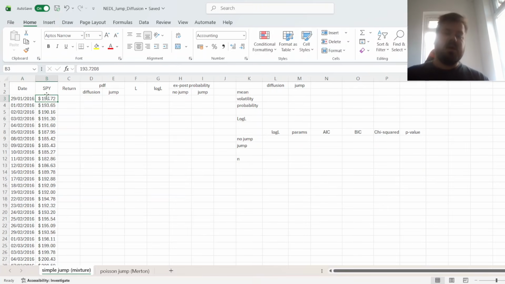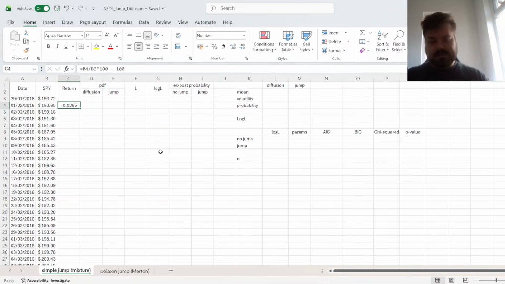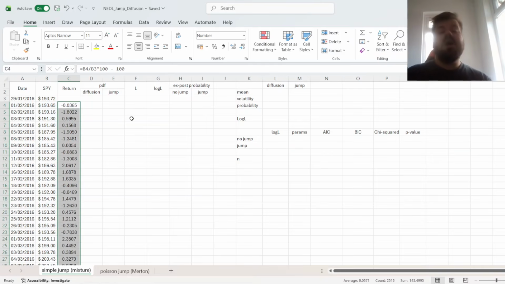We have got the S&P 500 tracker fund prices for 10 years as our data, and we can calculate daily returns by just using prices today and yesterday times 100 minus 100 to get a nice percentage day by day. And obviously, we can start our modeling by considering the diffusion process, the normal distribution modeling that would typically be applicable to a case like that.